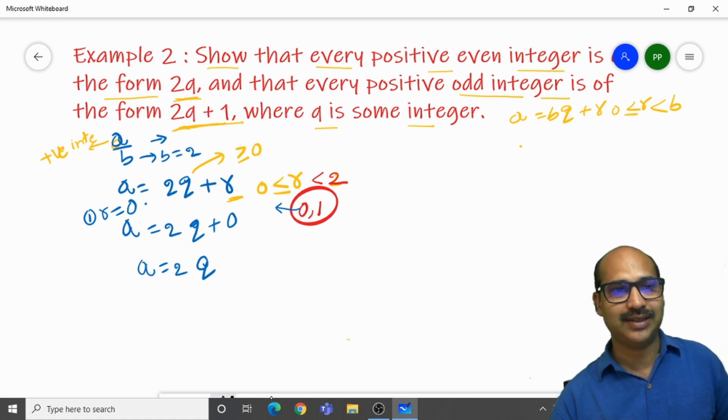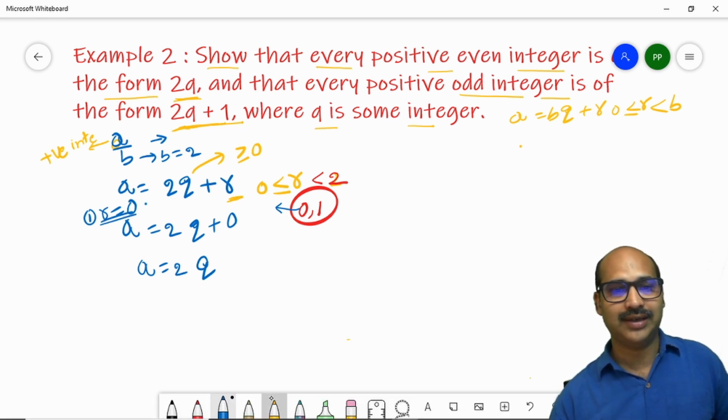So here the remainder is 0, then a is equal to 2q. So q can be any positive integer: 0, 1, 2, 3, 4 and so on. Here 2 is there, so a is nothing but multiples of 2.